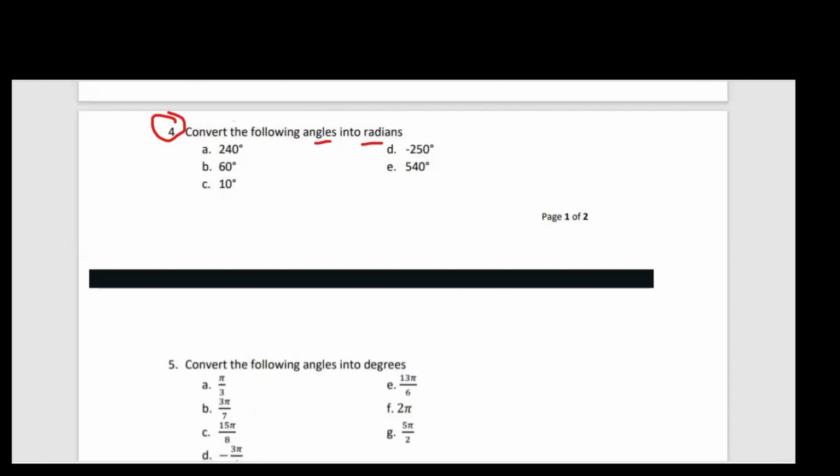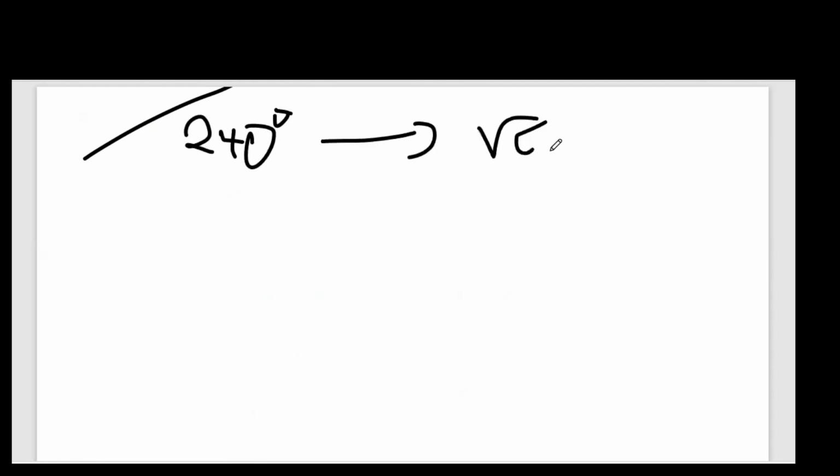Let's start to convert 240 to radians. The conversion factor there: we know that 240 degrees, we are converting it to radians. So what did we say the formula is when you're converting from degrees to radians?